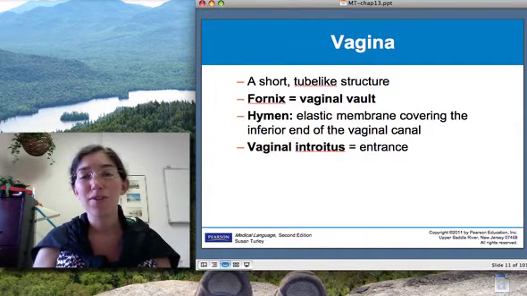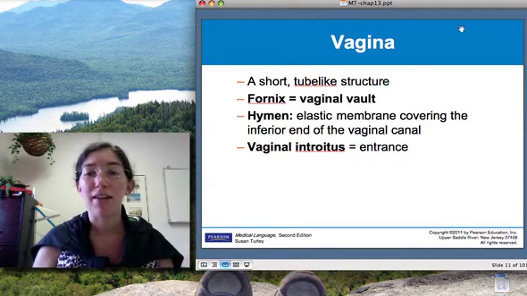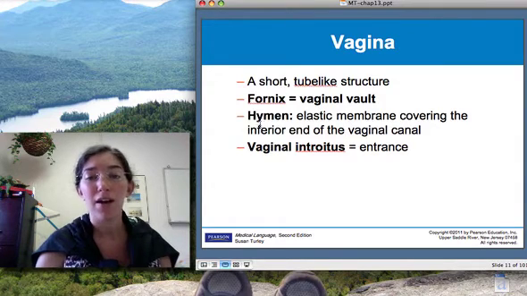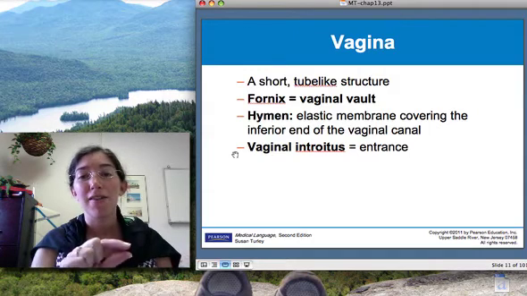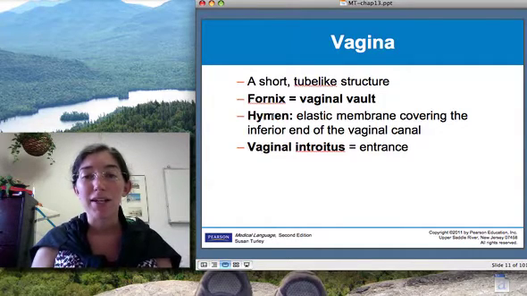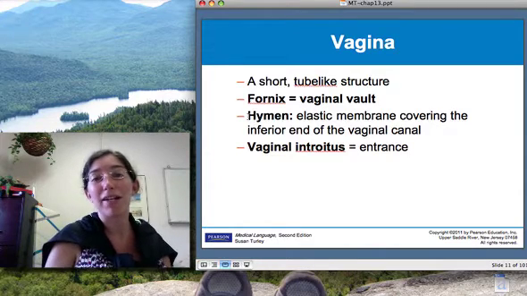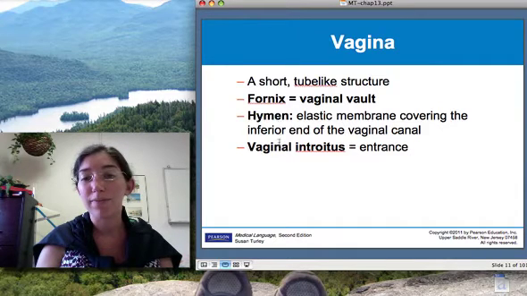So I sort of pointed out the vagina and the vaginal vault, or the fornix, in that last slide. Some other features of the vagina: it also features a hymen, which is a thin membrane that kind of keeps it closed off usually until sexual intercourse is initiated, but sometimes other things can break it, either trauma, like falling really hard, like when riding a bike, or a tampon insertion.